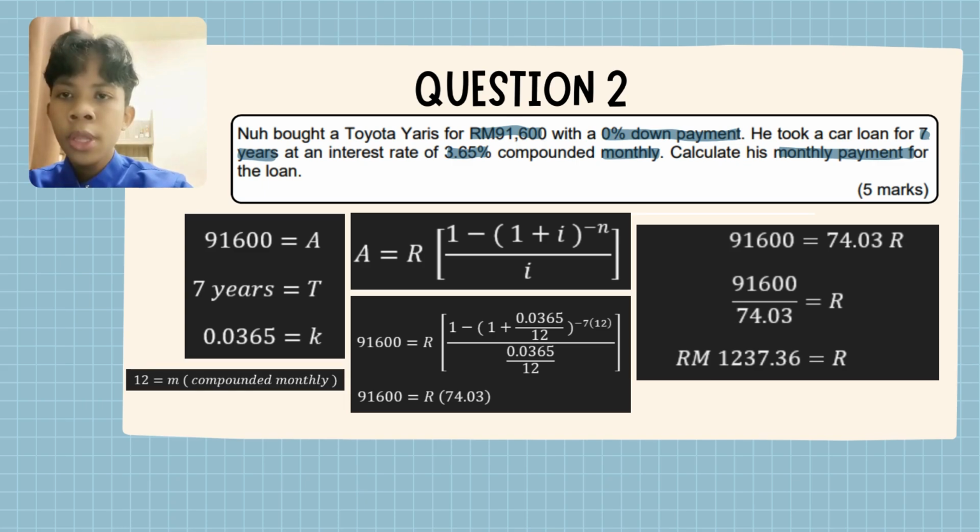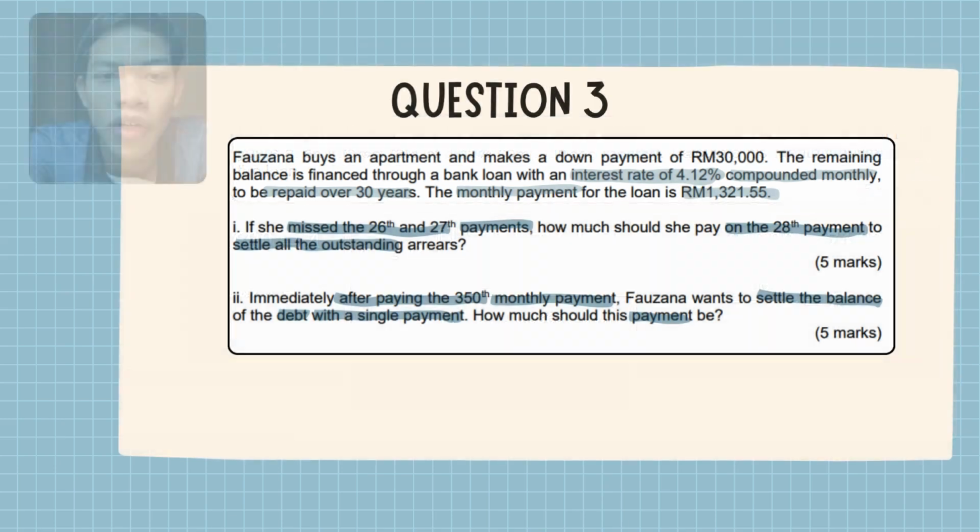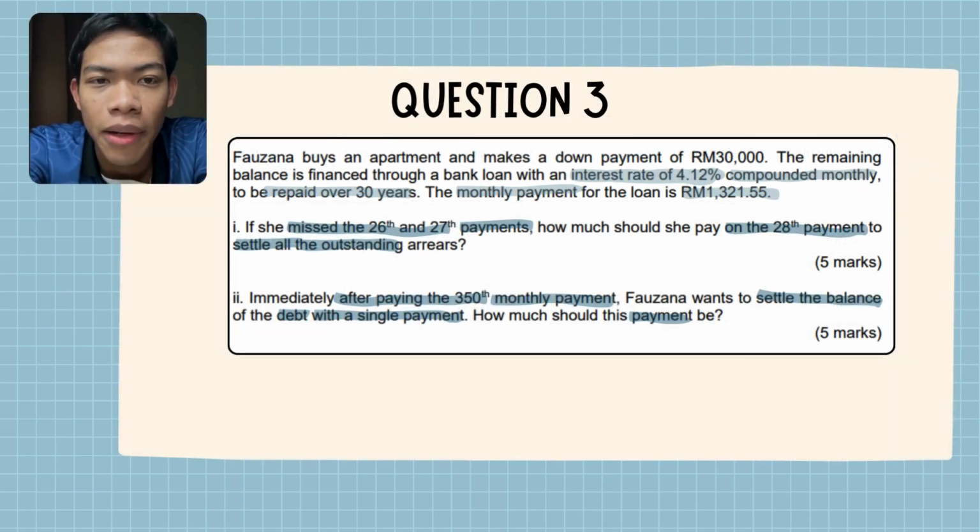So 91,600 equals 74.03 R. Put 74.03 to the side and it will be 91,600 per 74.03 equal to R. And then R we will get 1237.36.